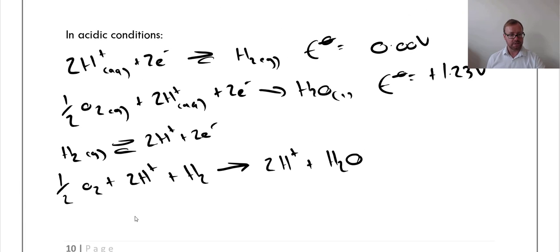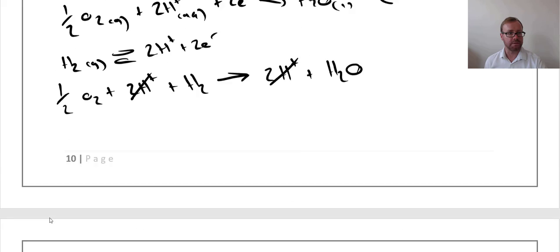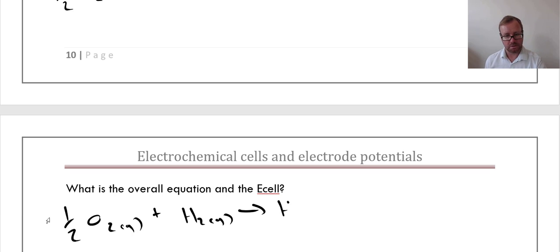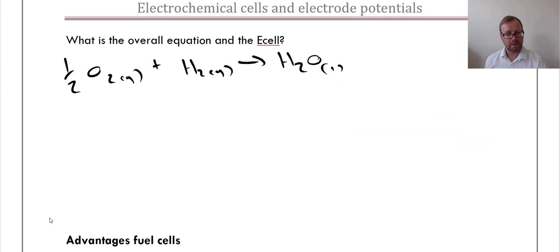I can cancel these two out. I just realised I've left you space, so I'll have to copy it back down here. So my overall equation would be half O2 plus H2 gas goes to H2O liquid.